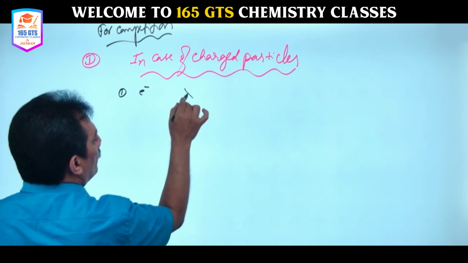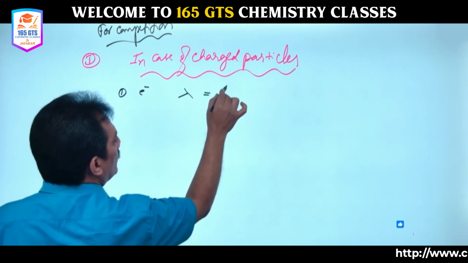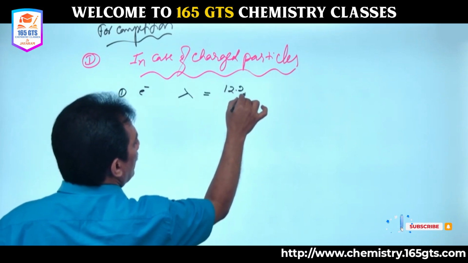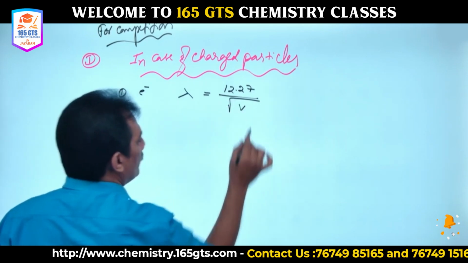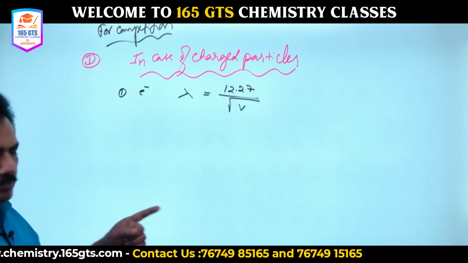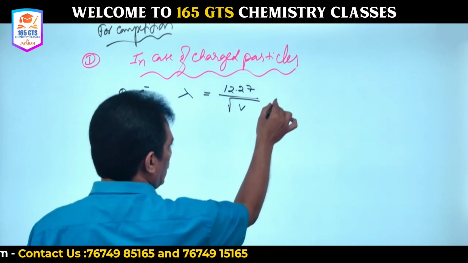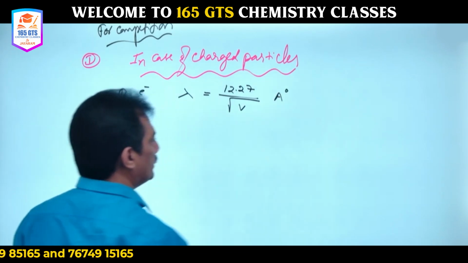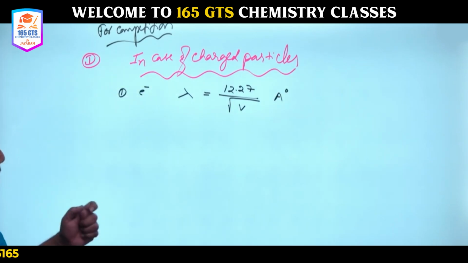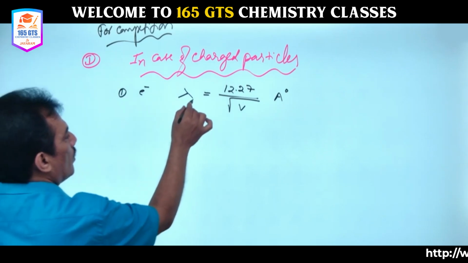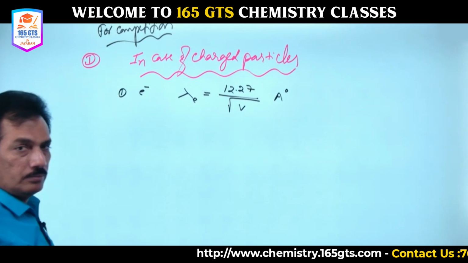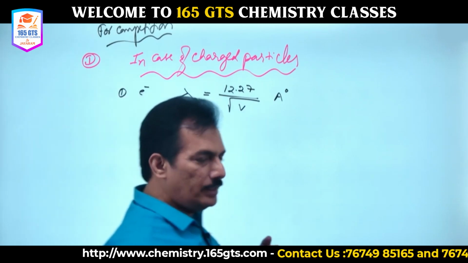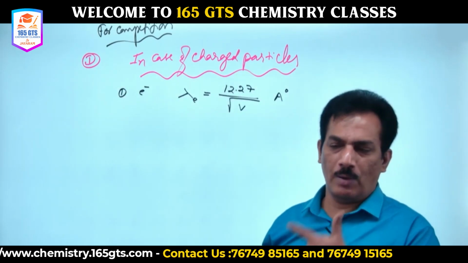For electron, wavelength is equal to 12.27 by under root V angstrom, where V is the potential applied for accelerating that particle. So when they are asking for the wavelength of the electron, simply by providing the potential, you can write this formula.